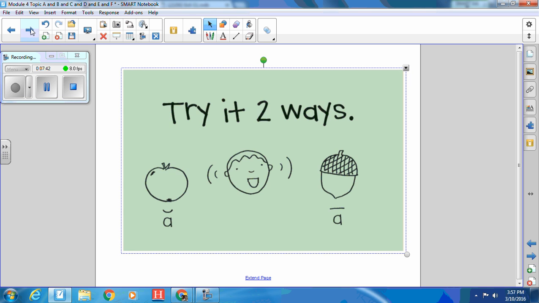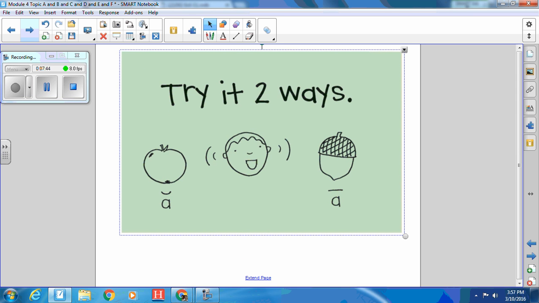And then tomorrow I will be teaching them to try it two ways. As you know, with the English language, it doesn't always follow the rules. Sometimes it's a short A, sometimes it's a long A. Vowels can say two different sounds. So these are all strategies that the kids now have that they can use when they are working on their words, if they get stuck on a word when you have them reading in their books.